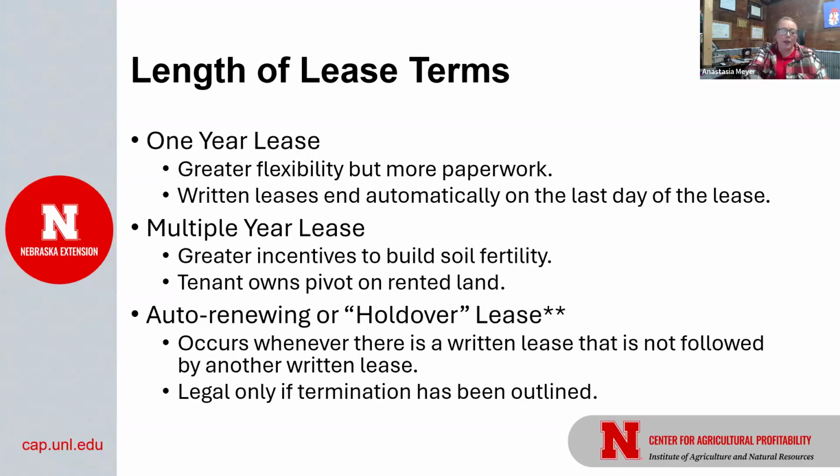It really enables people to build soil fertility, thinking that the tenant's going to get their investment back if I have a multi-year lease. I also see a lot of multi-year leases when tenants put a pivot on rented ground because they know they're going to be able to use that investment for a while without having to move it off after 1 year.